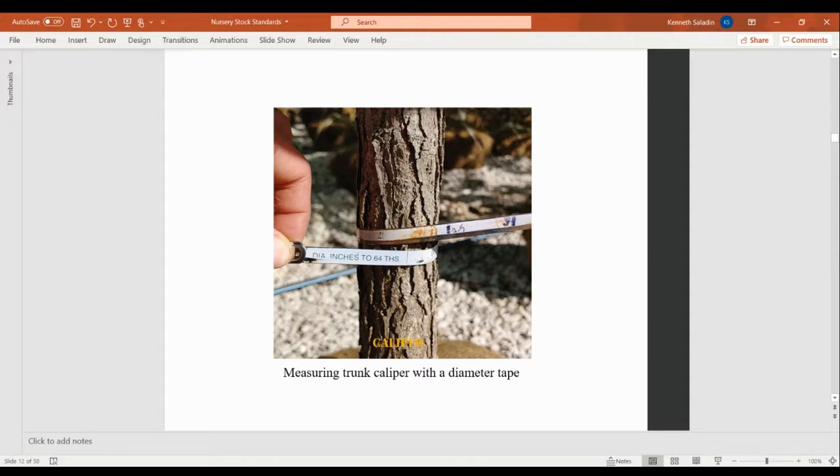Circumference would be the distance around the trunk, and we don't care about that for the purposes of grading. We're interested in knowing the diameter, and there is a tape like this. It's called a trunk caliper tape or a diameter tape, and it's graduated in such a way that the reading you get will be the diameter of the tree.